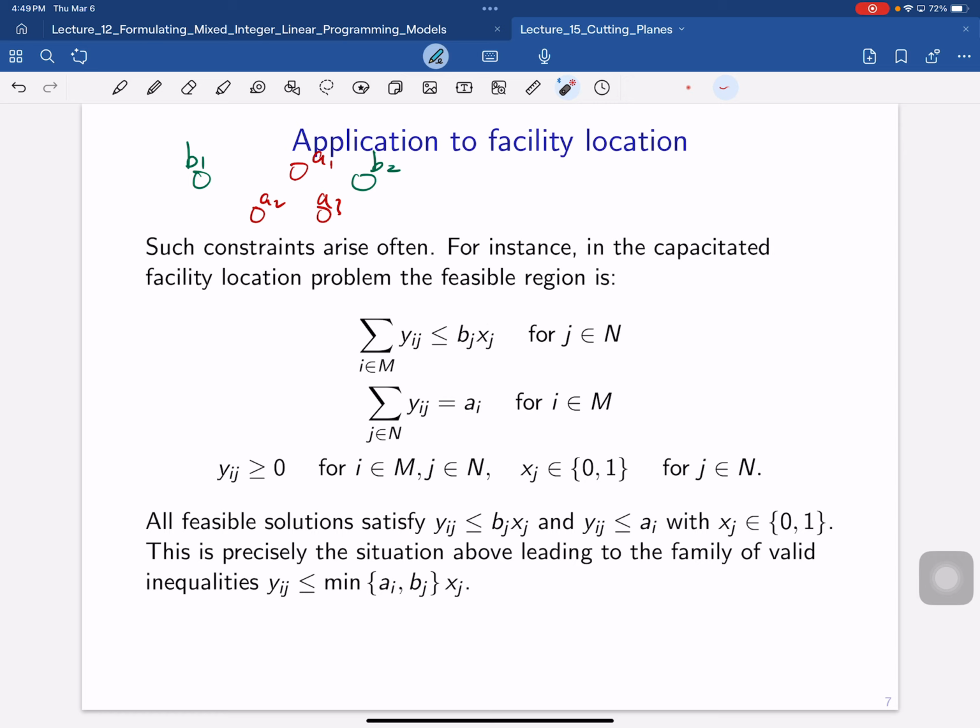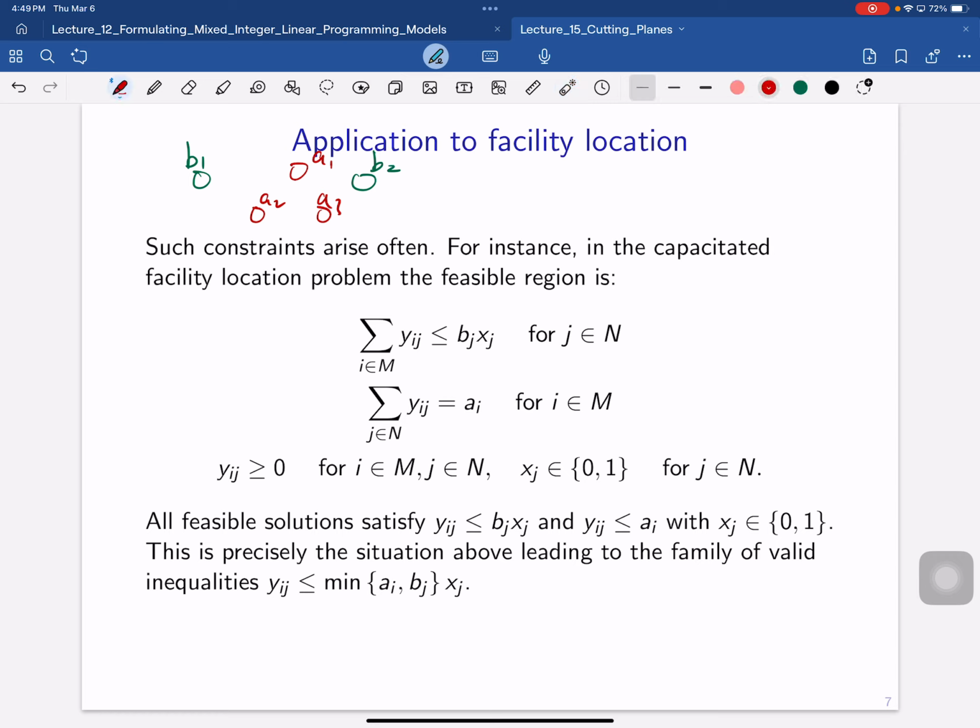If you build this facility, x_j will be equal to 1, right? And the left-hand side basically sums over the demand of customer i that is satisfied by facility j, okay?